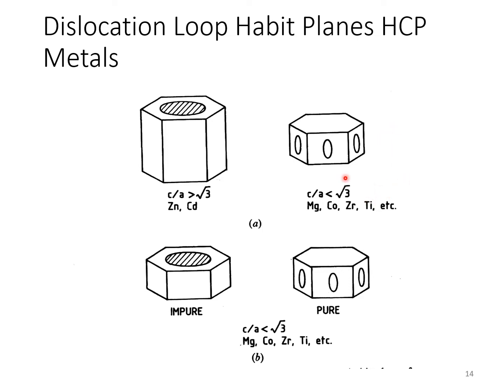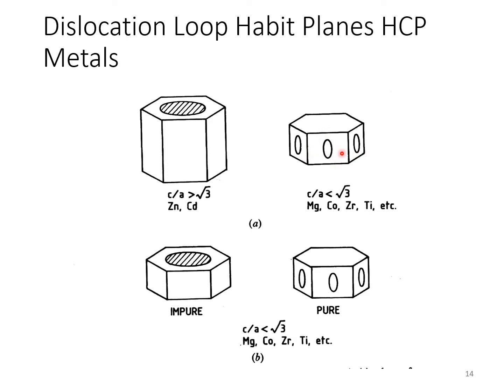For materials like zirconium, which you can think of as having a more squashed C-axis here, in most cases, especially when it's pure material, the main habit plane is the prism, and the main slip plane is also prism.